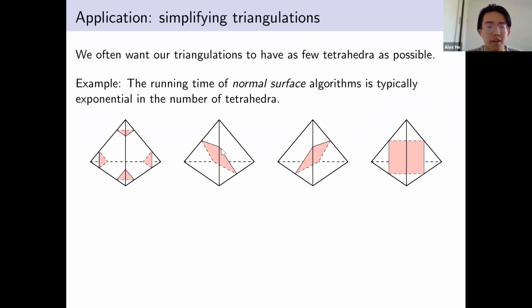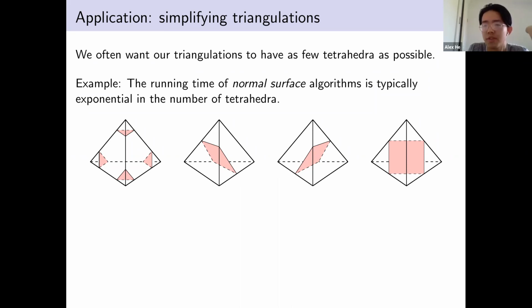So if you're trying to determine the existence of a normal surface, you always have to check this embeddedness condition. You have to choose which quadrilateral type you have in each tetrahedron. If you have n tetrahedra, there are three choices of quadrilateral, or you can choose no quadrilaterals.